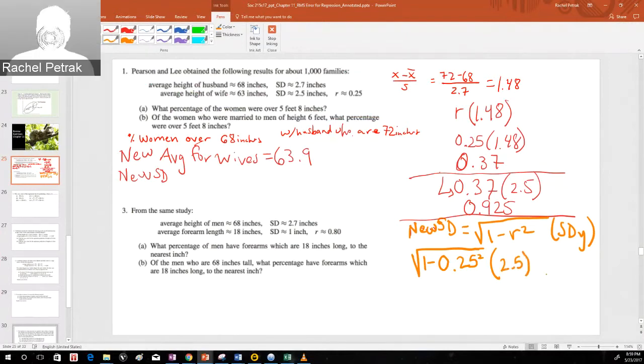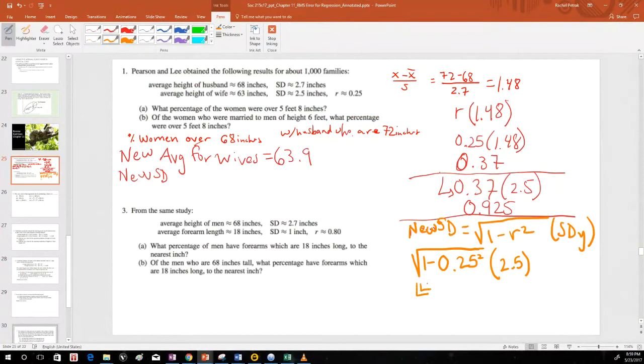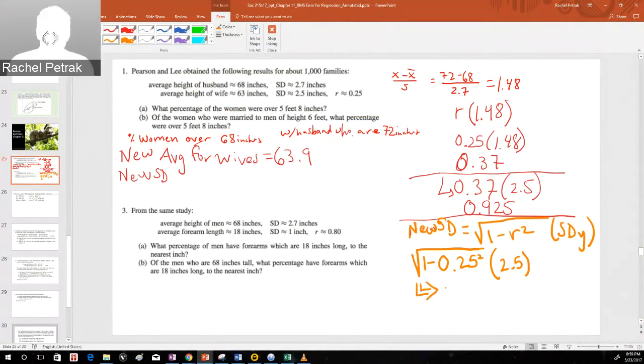When we do the math on this equation, we end up with a new standard deviation equal to 2.4. Okay? So now we've got our new average and our new standard deviation.